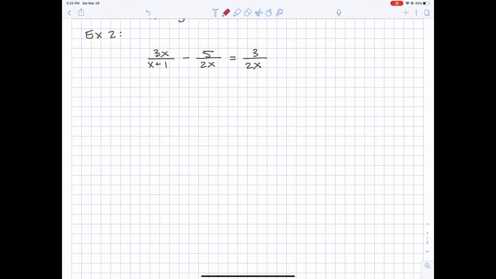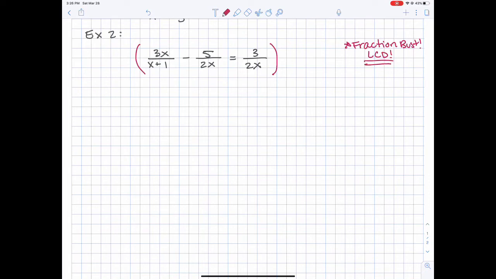And that is that we are going to fraction bust. So I'm going to put a star over here, fraction bust. And remember, when we're fraction busting, we're using our least common denominator for our terms here.